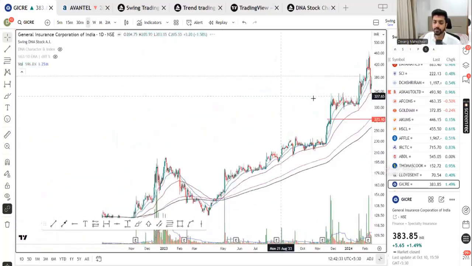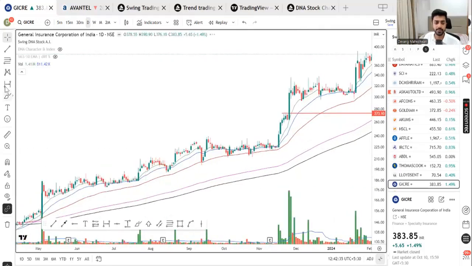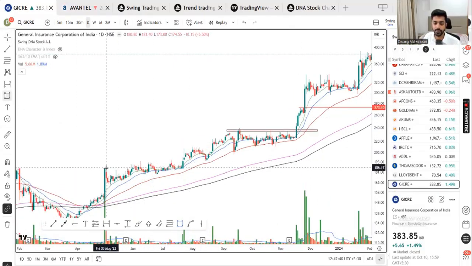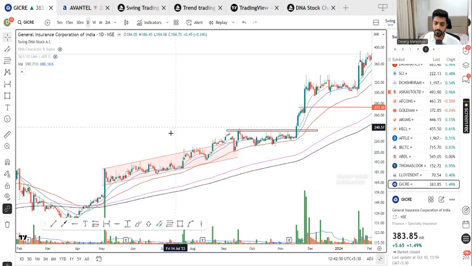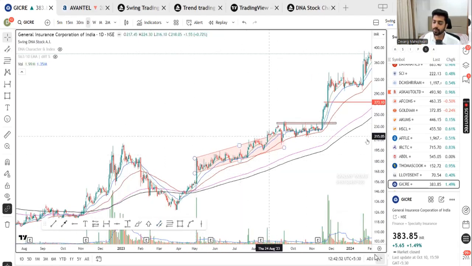GICRE, nothing going on up here. Here it had this base, an upright base up here. Here I think it's sloppy. It's a bit sloppy up here. Something like this going on.